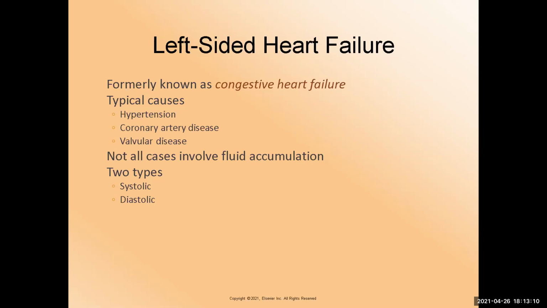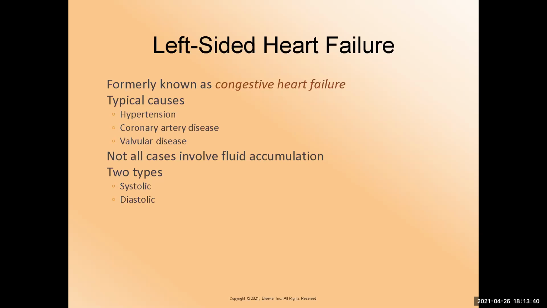So left-sided failure may be acute or chronic and mild to severe. It can be further divided into these two subtypes. Systolic heart failure is often called forward failure because the cardiac output is decreased and fluid backs up into the lungs, the pulmonary system. Because these patients are at high risk for sudden cardiac death, the ejection fraction is important.